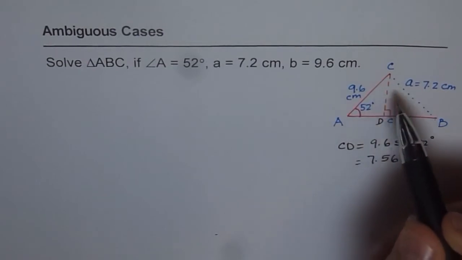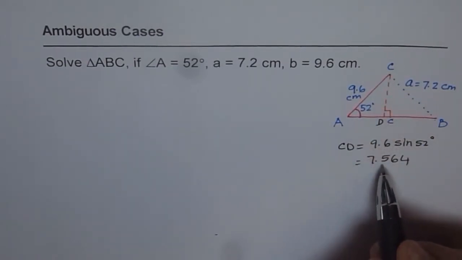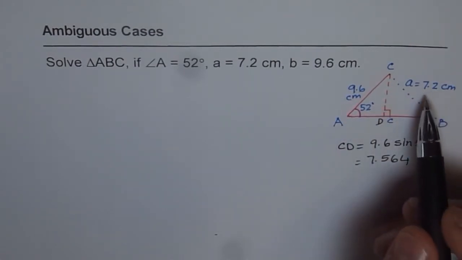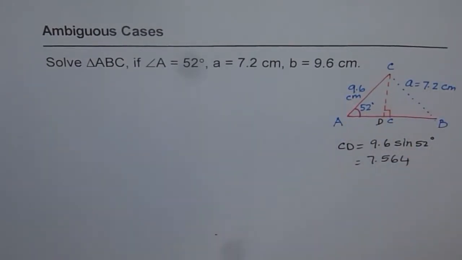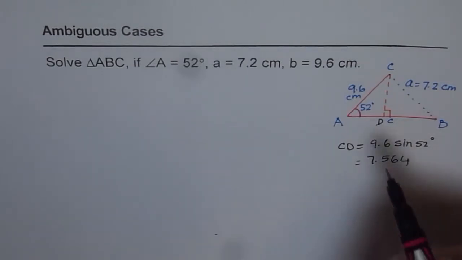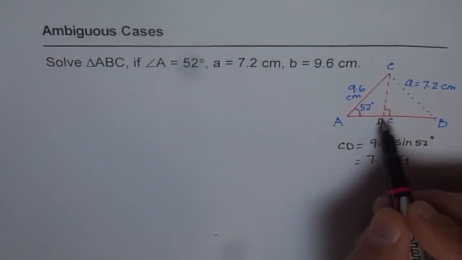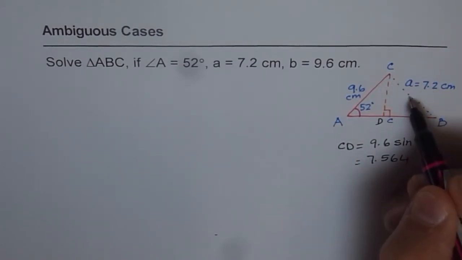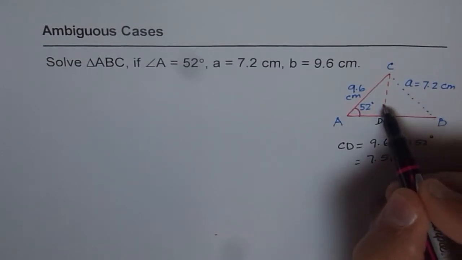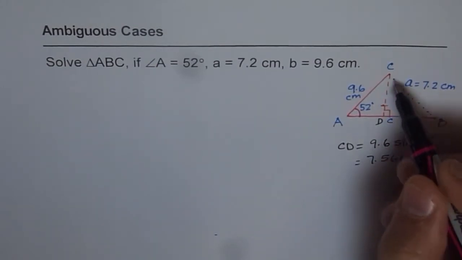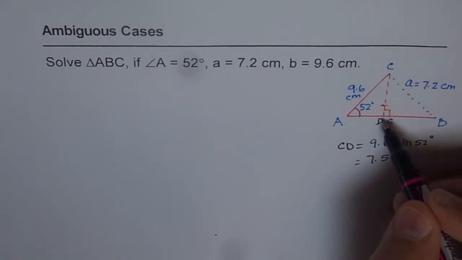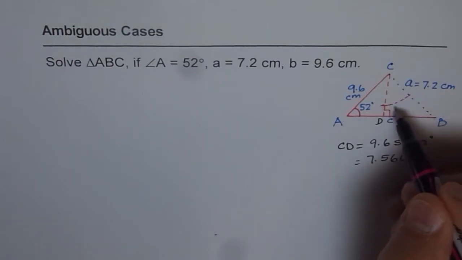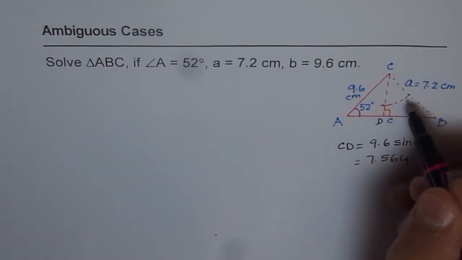Now you can see side CD is 7.564, whereas the side opposite to A is given to us as 7.2, which is actually shorter, not even 7.564. So if I draw this side, 7.2 will be too short. It cannot come up to this, maybe up to here, but it cannot complete the whole triangle. If I draw 7.2, I'm left with an open third side, so I'm not able to form a triangle.